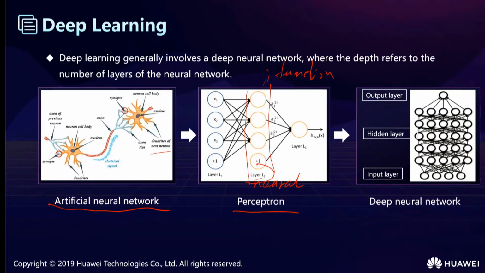Because it can't solve the XOR problem, we add many layers and many functions in the middle. The hidden layers have many layers, and then we build deep neural networks like that. That's called deep, because in the middle there are many layers, and each node has many activation functions.